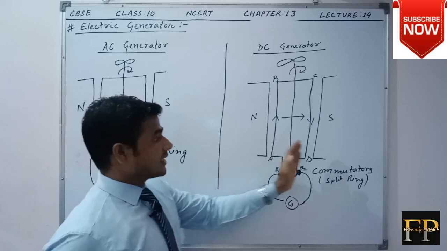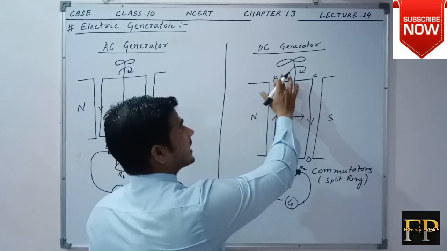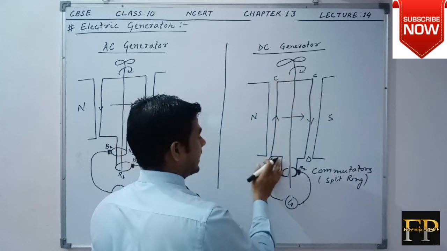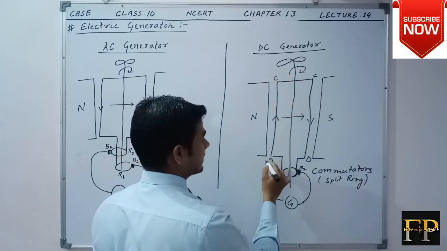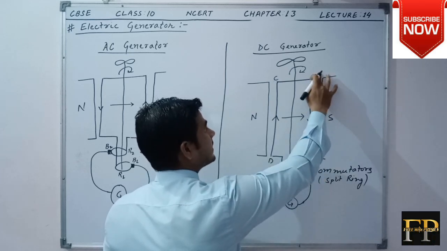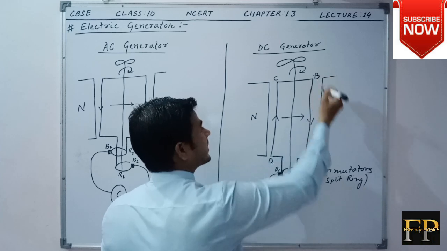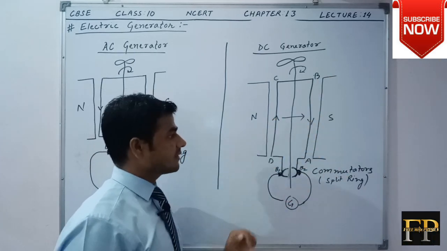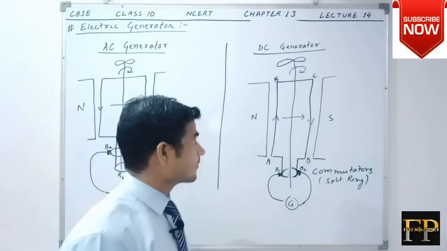So I will mark it C and here D, A and B, because after half rotation AB will come this side and CD will come this side.